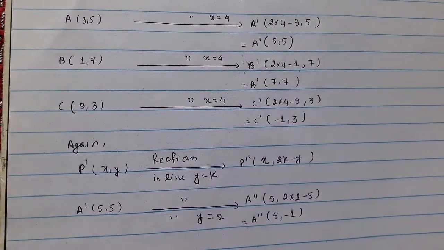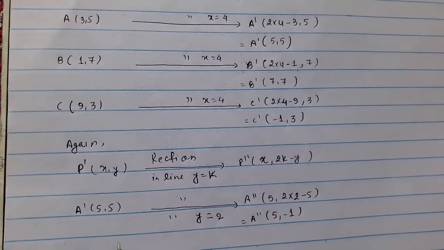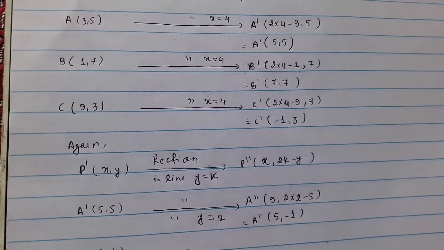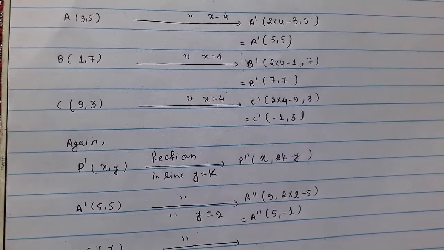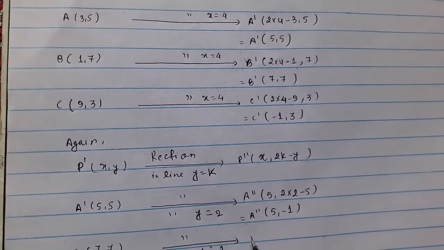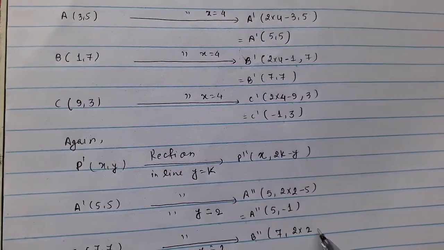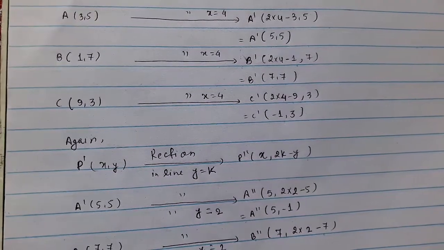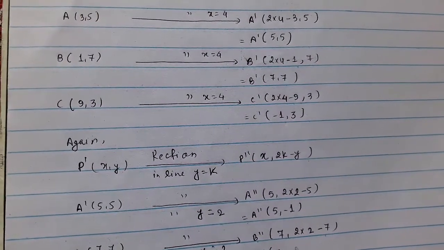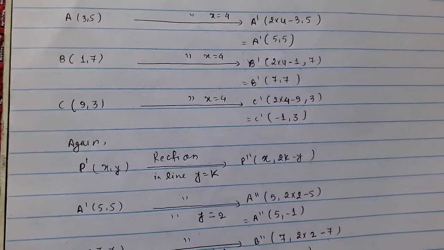For B dash (7,7), B double dash is (7, 2 into 2 minus 7), which is (7, 4 minus 7), that is (7, minus 3).